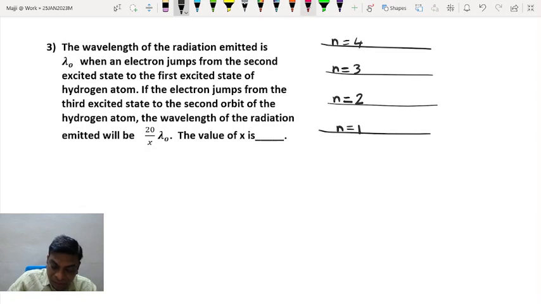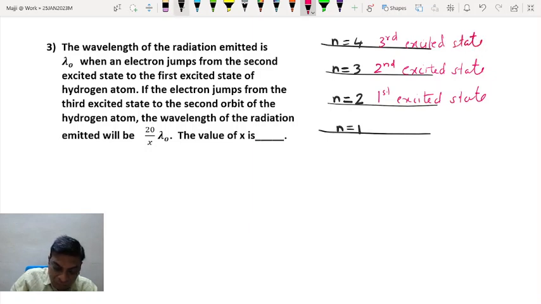So this is the first excited state, the electron resides here. The second excited state, it resides in the n equal to third orbit. In the third excited state, it is at n equal to 4, and so on.